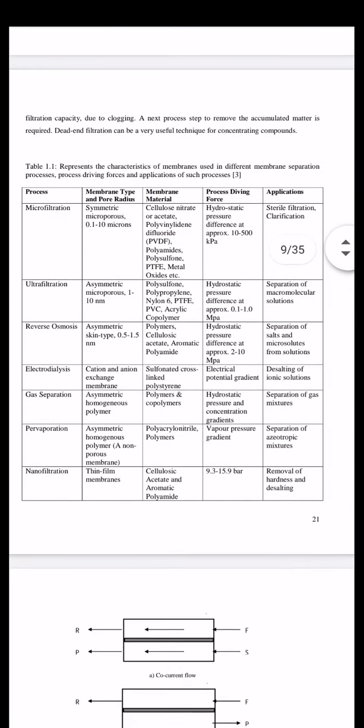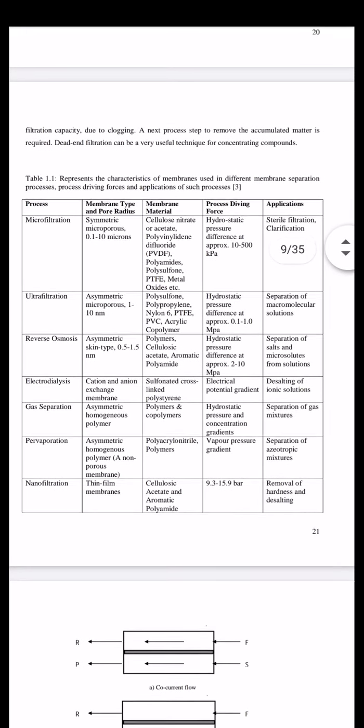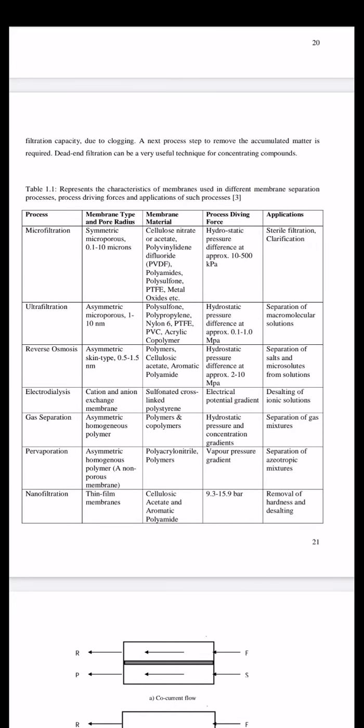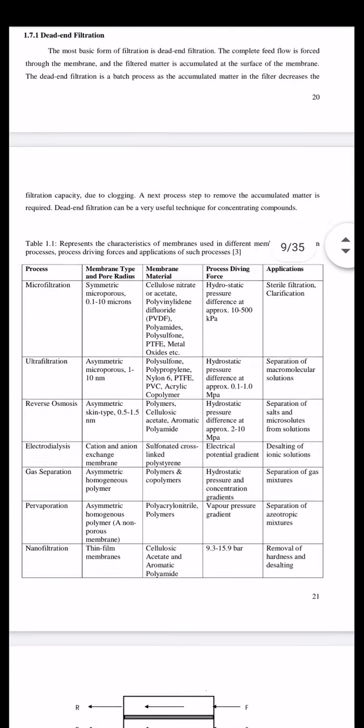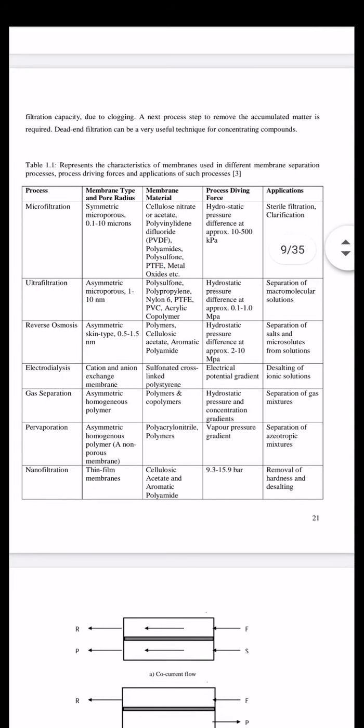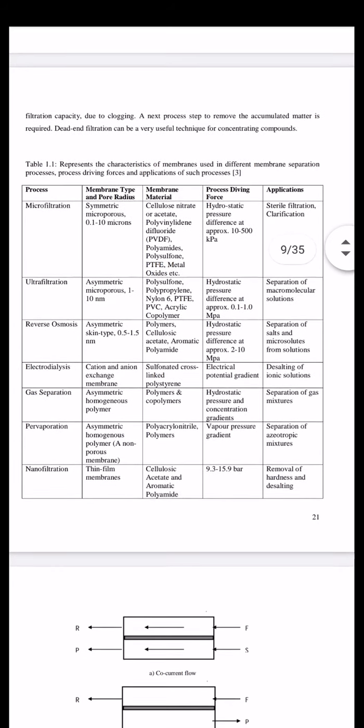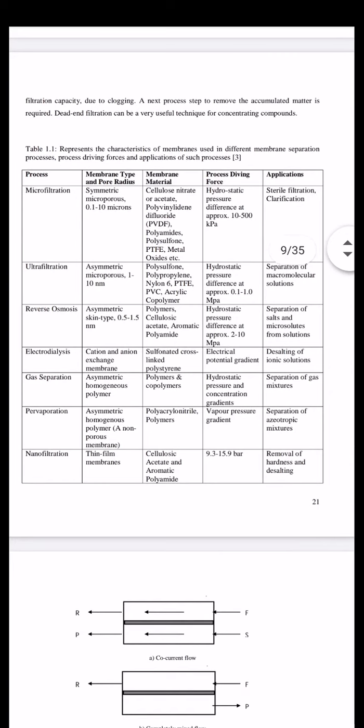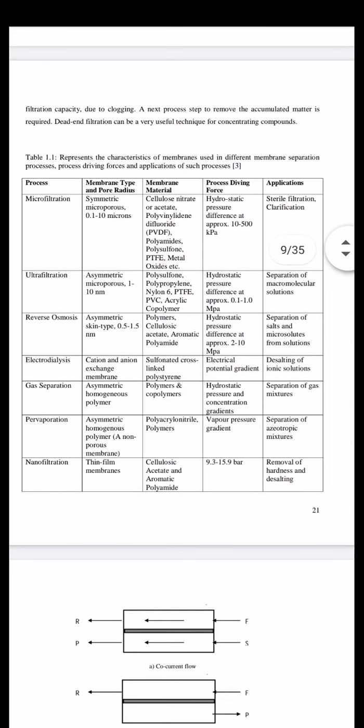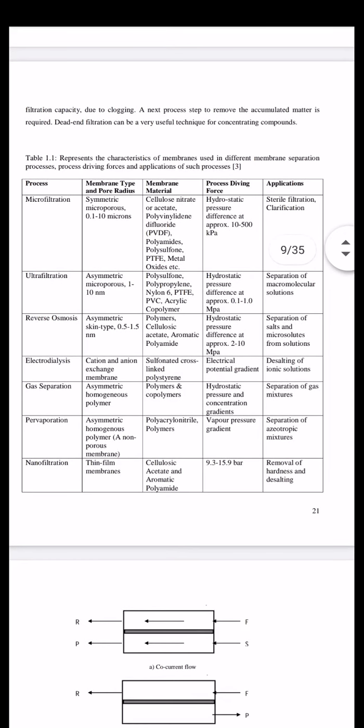So see the difference: in ultrafiltration we are using 0.1 to 1 megapascal pressure. Now here again the application would be the separation of macromolecular solutions. So take an example, we can separate sugar solution or milk solution.